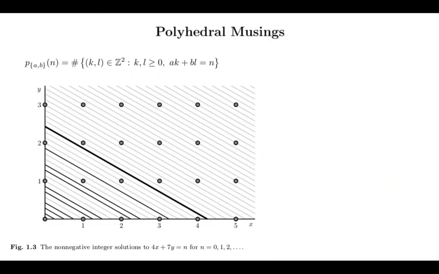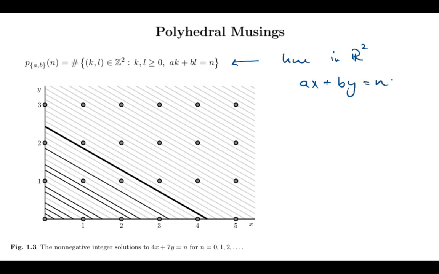Let me finish by talking a little bit about geometry, and this is what we'll be doing for most of these videos and for most of the material in the book. If I think about this restricted partition function again, what I see here is a definition of a line in R2. Maybe I'll use variables x and y, so it's a line defined by the equation ax plus by equals n.